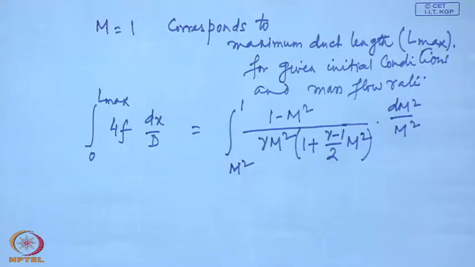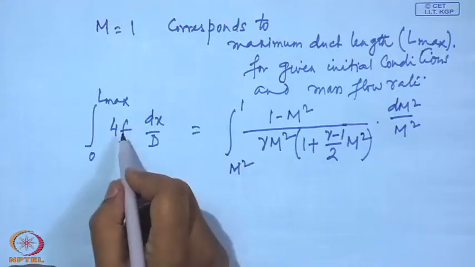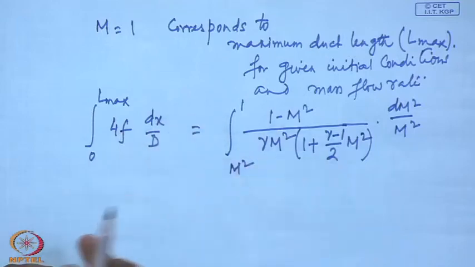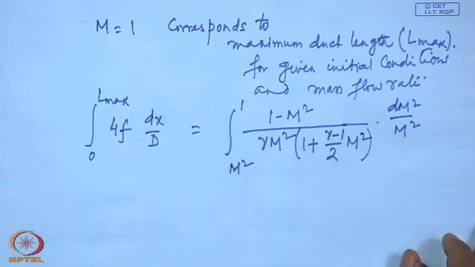Now, the friction factor in general will never be available as a function of duct length. However, we can define a mean friction coefficient.